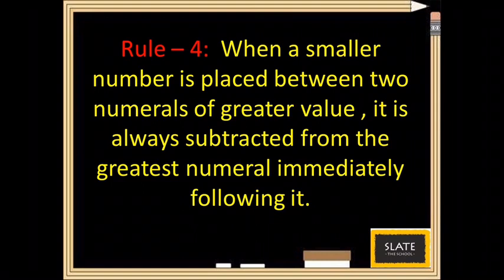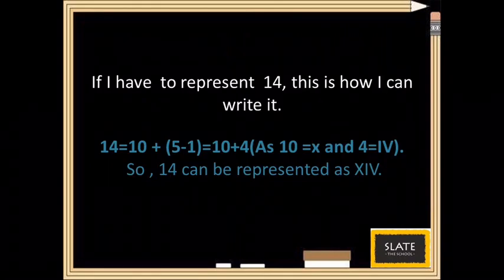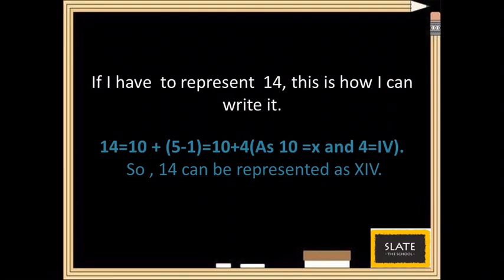Now comes to rule 4. When a smaller number is placed between two numerals of greater value, it is always subtracted from the greater numeral immediately following it. Let's understand this rule with few examples. If I have to represent 14, this is how I can write it. 14 is equal to 10 plus (5 minus 1) in the bracket, which is equal to 10 plus 4, as 10 is equal to X and 4 is equal to IV.